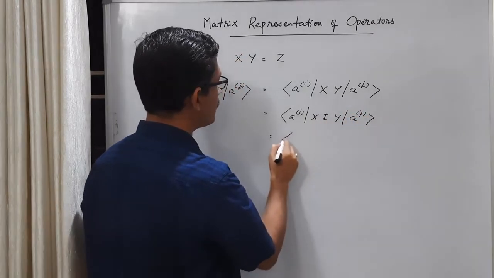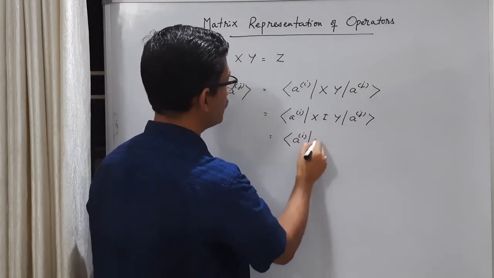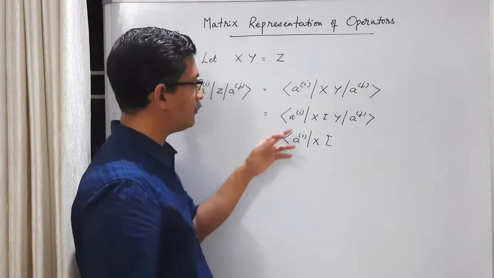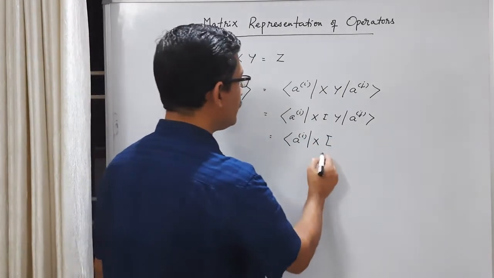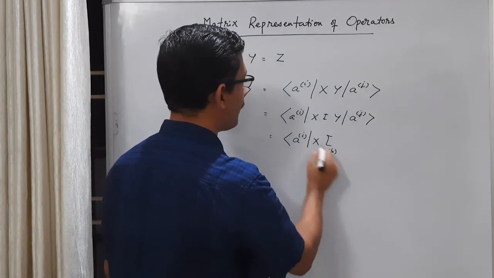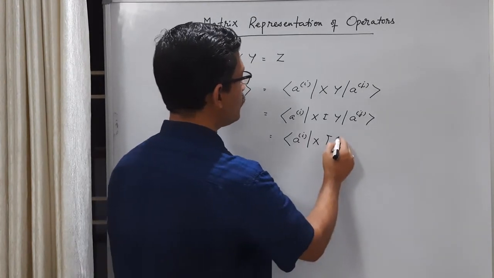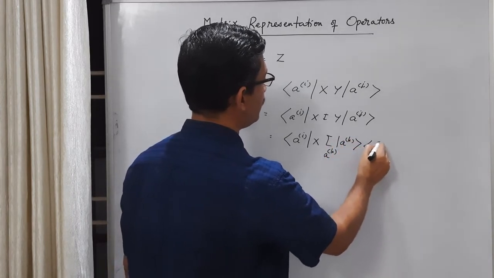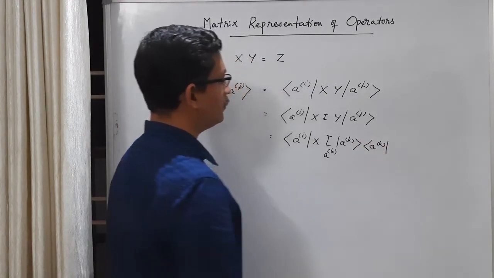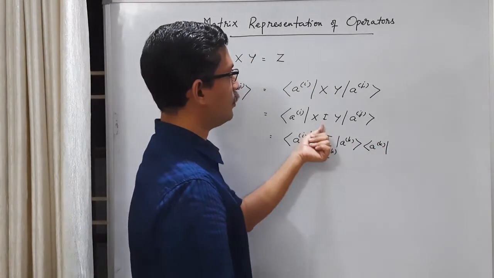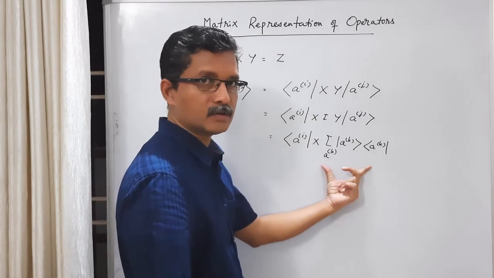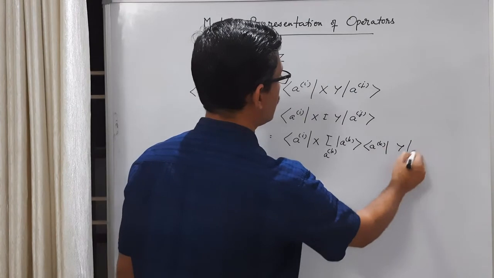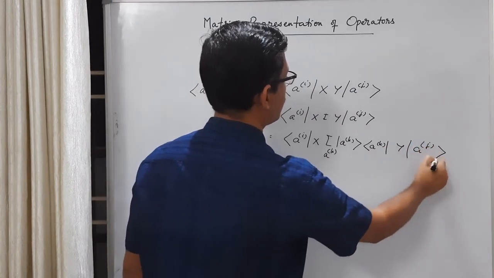And at the position of this identity operator, let me write a summation over, using another index, since we have used a_i and a_j, here we use a_k: summation over k of ket a_k, bra a_k. This stands for the identity operator because of the completeness of the base vectors. And then we have Y here, and then a_j.